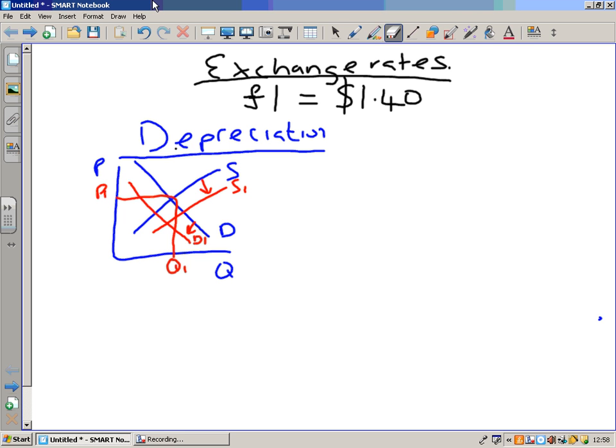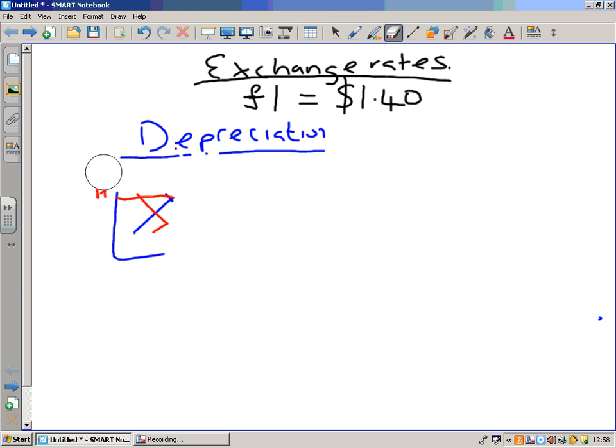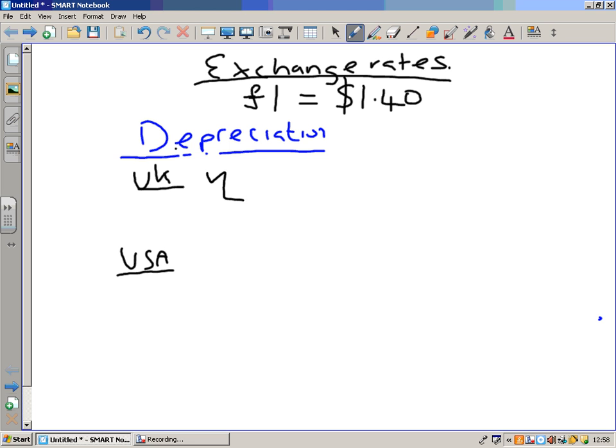So let's take an example again to illustrate whether this is a good or a bad thing for our economy. So let's assume again that we have our UK business and we have our USA business. Still selling t-shirts. In the UK we're making and selling them abroad for £10. In the USA they're making and selling them for $10.